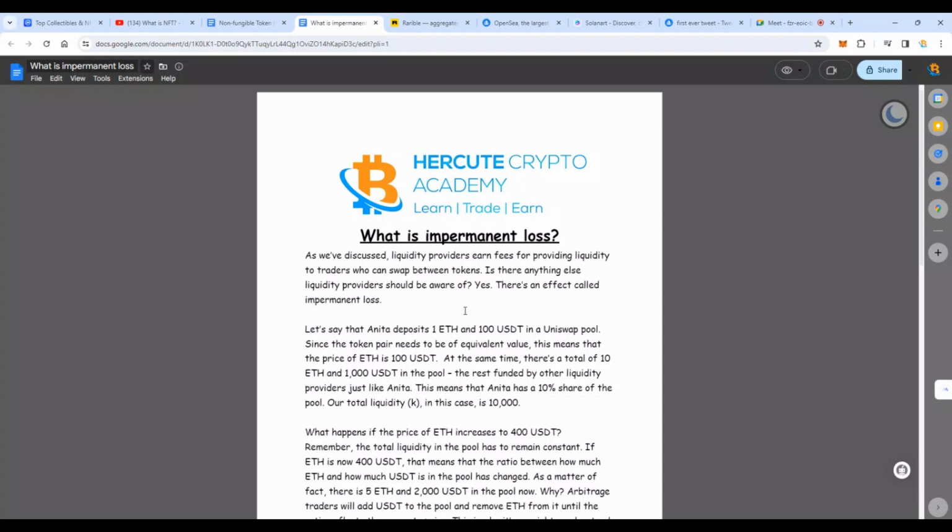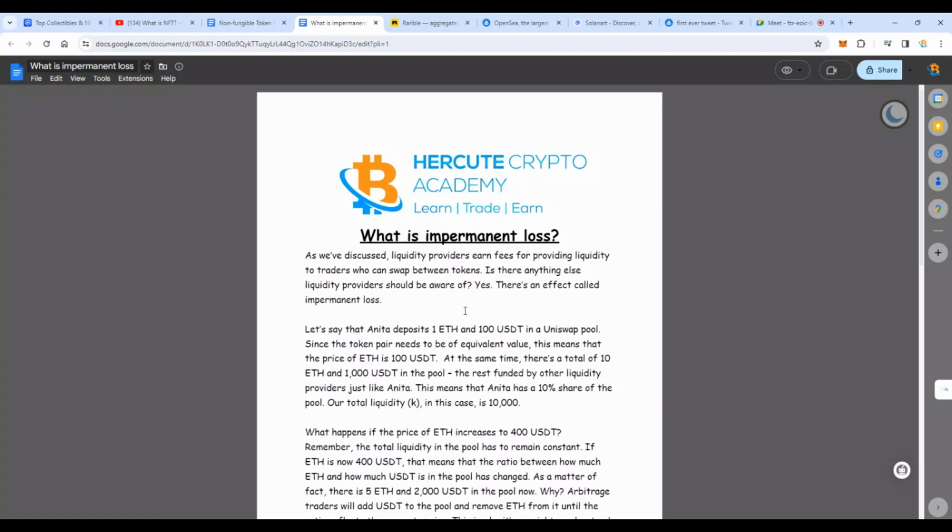Let's say, for example, you want to farm a certain project, but you can only do that by having the LP tokens. So you are forced to provide liquidity to a certain currency pair. Once you provide liquidity, you get the LP tokens. Then you can go with those LP tokens to the farm and use them to farm whatever asset you're looking to farm.